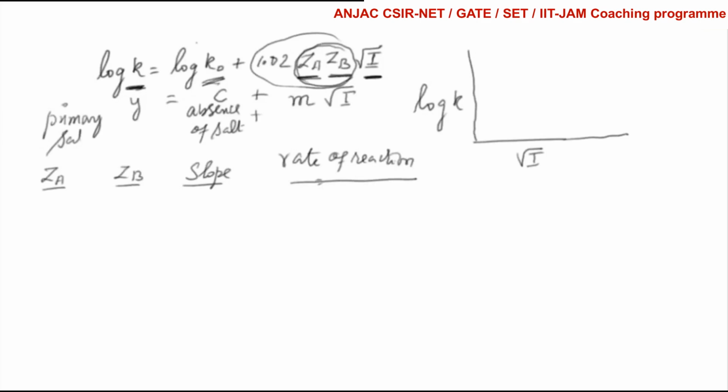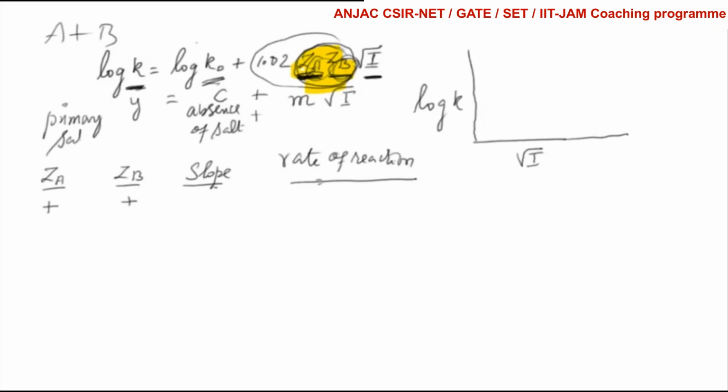Now let us have two reactants A and B. One possibility is A is a cation and B is also a cation. Therefore ZA is plus and ZB is also plus. ZA and ZB, the charges over A and B, determine the slope of the reaction.